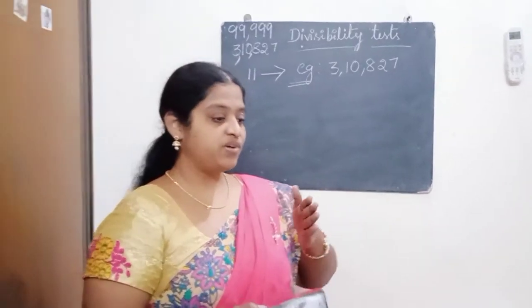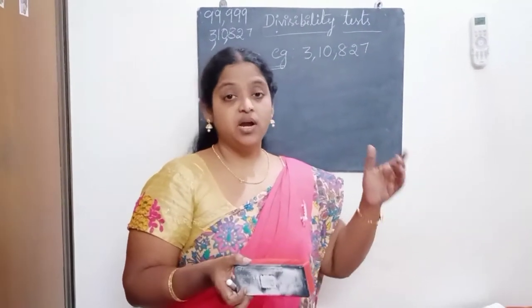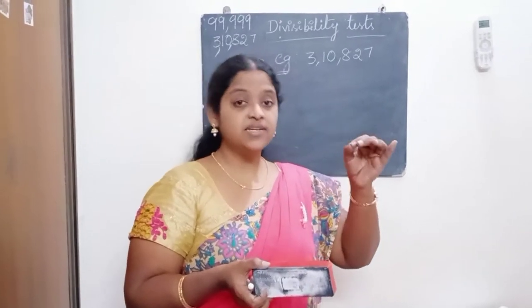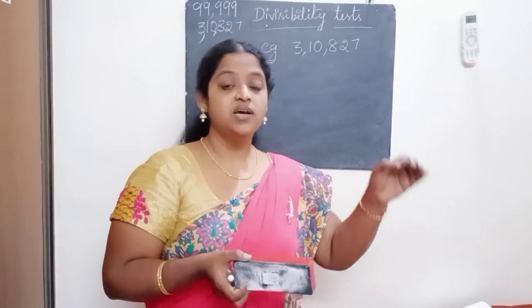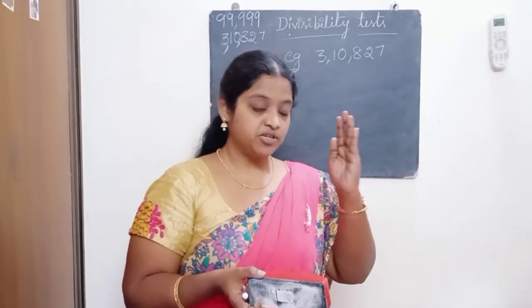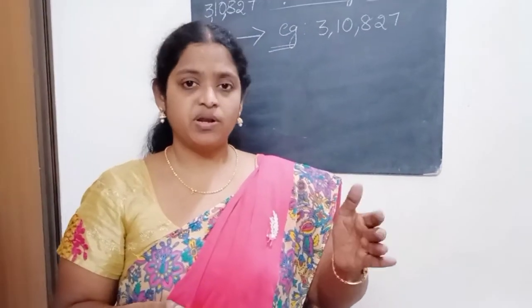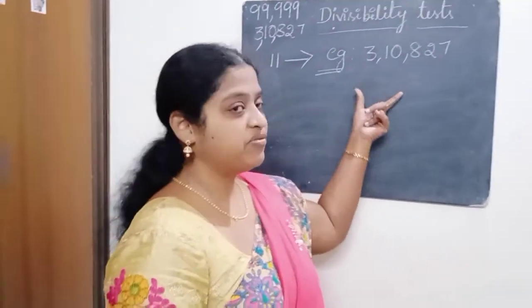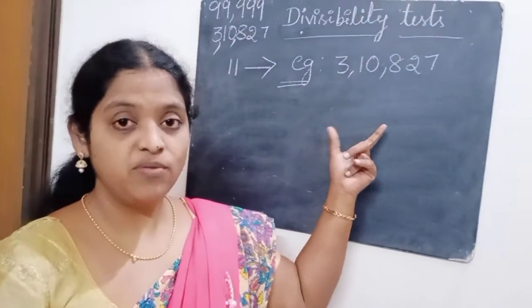These are all on one side, and 11 you have to work out and concentrate on. Odd places, even places, you have to add all those numbers, then subtract, and observe the result, whether it is 0 or a product of 11. You have to do a little work here. That's the reason I'm explaining the 11th rule with so many examples.